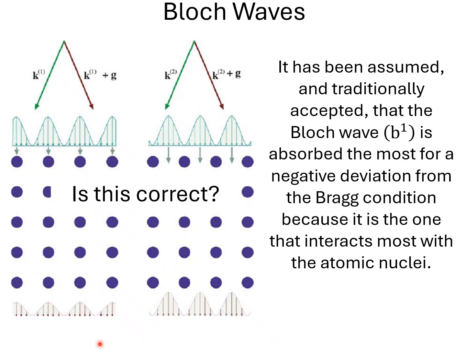Is it correct? According to what I just explained, Bloch wave 2, which has the smaller wave vector and therefore larger wavelength, would come about physically by being accelerated, while Bloch wave 1 is the one that's decelerated when it comes into the crystal.